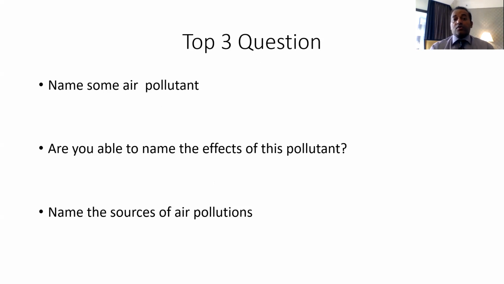There is also an effect on buildings, because they can corrode the buildings, the railways, and all the metalwork around us. And the main source is the fossil fuel that we use in vehicles as well as in power plants for the combustion process to make energy.